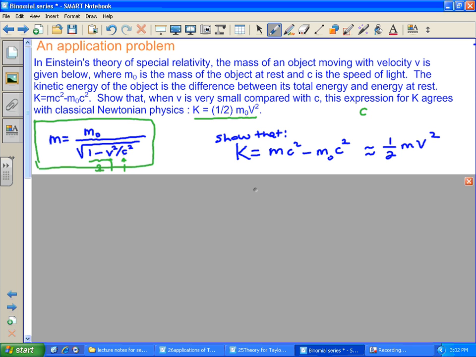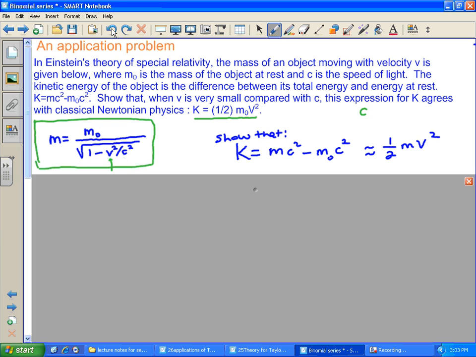So for us earthlings, people who move at 100 miles per hour or even a few hundred miles per hour, let's say on an airplane, that's as high as you might get. As you can see, even for that, the denominator will be almost 1, and the mass as the object is moving will be the same as the mass at rest, which is this one. So there isn't a lot of change happening.